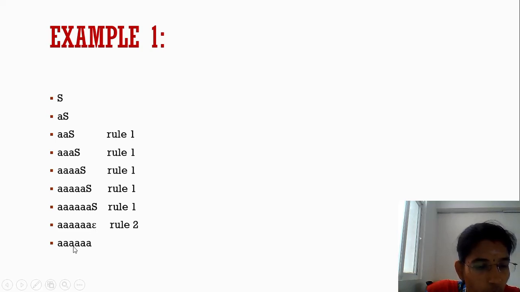So now I generate 6 a's. The a is repeated 6 times. The strings contain only a, and the number of a's is not a problem in the strings. So this is the way to generate the strings.